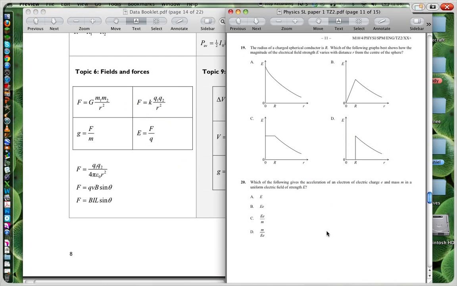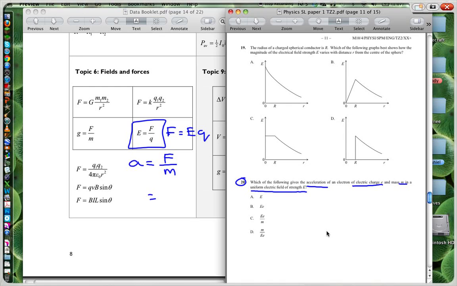And then here, looking at 20, which of the following gives the acceleration of an electron of an electric charge e and mass m in a uniform electric field strength of E? Okay, so we need to look at this formula over here. And then think also, if we're dealing with acceleration, it is obviously F over m from Newton's second law, force is equal to mass times acceleration. Now F here, if we look at F is equal to EQ.